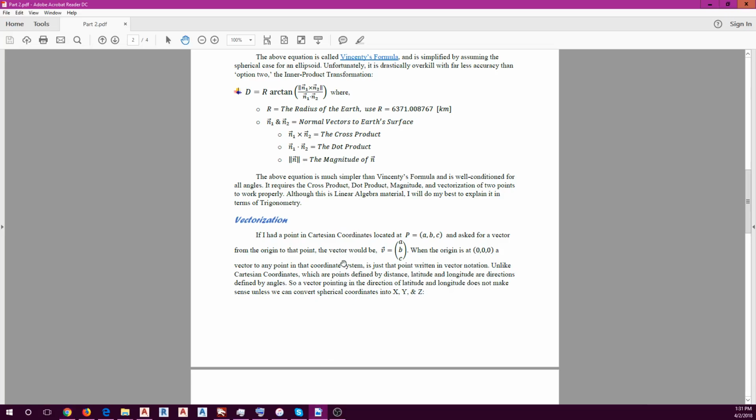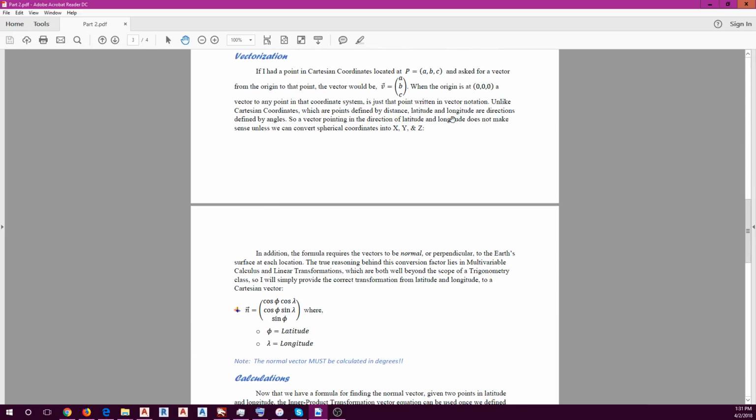So we need to take our latitude and longitude and convert it into a normal vector. This is kind of like if I had a point in Cartesian coordinates located at, say, 5, comma 7, comma 15, then the vector that describes that is 5, comma 7, comma 15. Now, you represent it in a slightly different format. This is a coordinate point. This is the x, y, and z coordinate. And this is an x, y, and z direction.